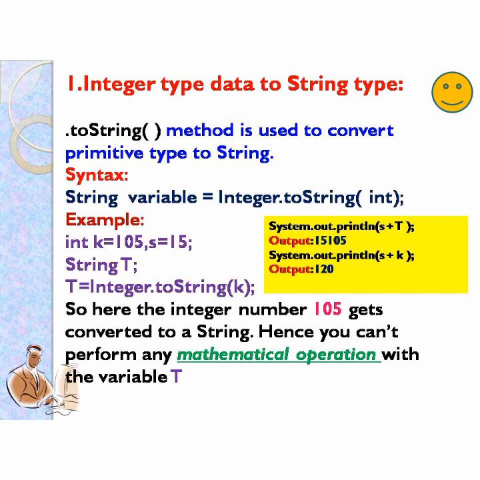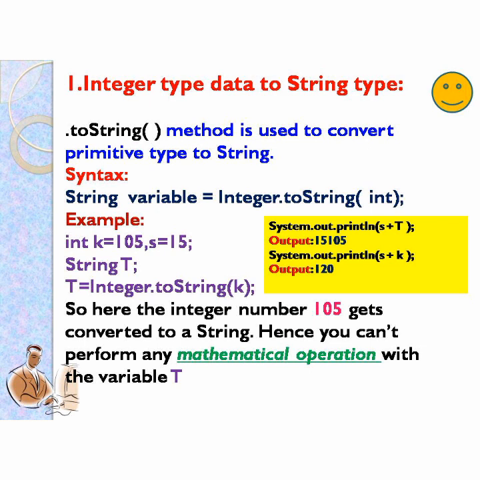So here k and s both are integer type. String t. So we have to convert the integer value 105 to string. So what is the method? t equals Integer.toString(k). So here the integer number 105 gets converted to a string. Hence you cannot perform any mathematical operation with the variable t.